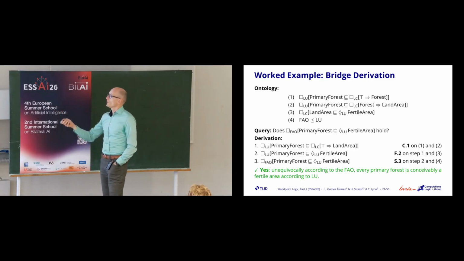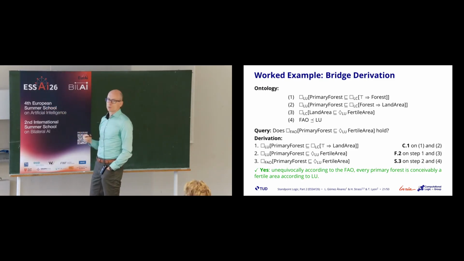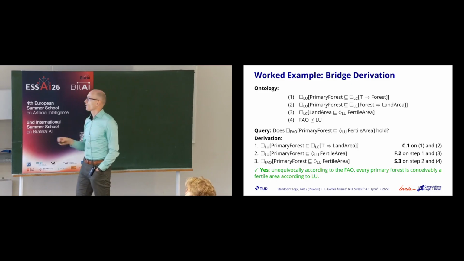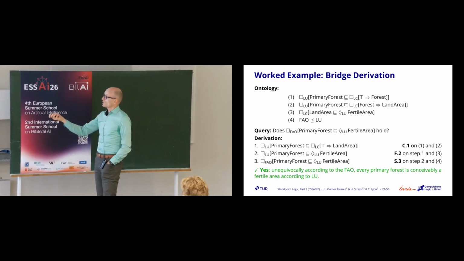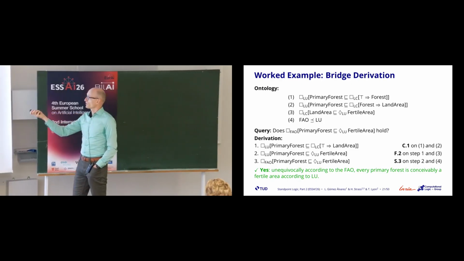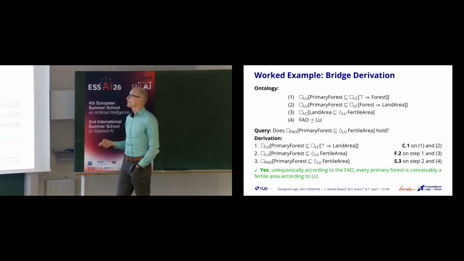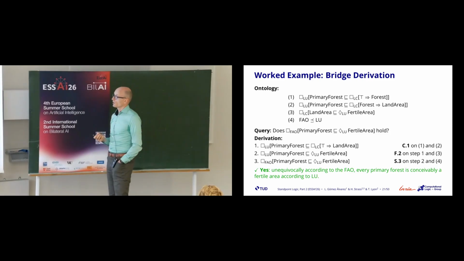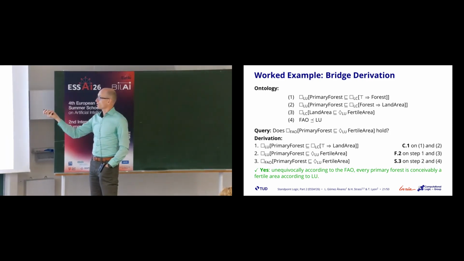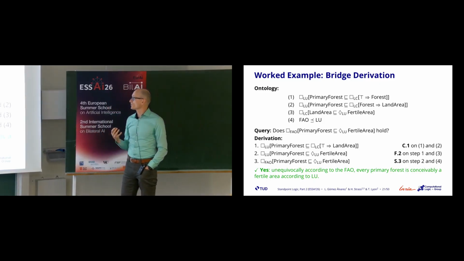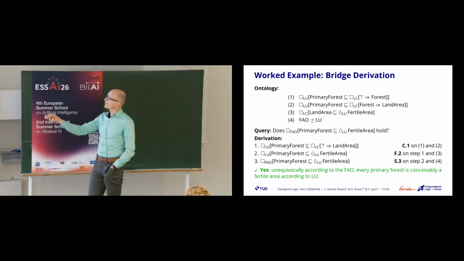This is similar to the bridge axiom we had before, only that we now have a box instead of a diamond. We also have that if something is a primary forest, then in the additional context of the land cover ontology, every forest is also a land area. And then if something is a land area, it is conceivably a fertile area.